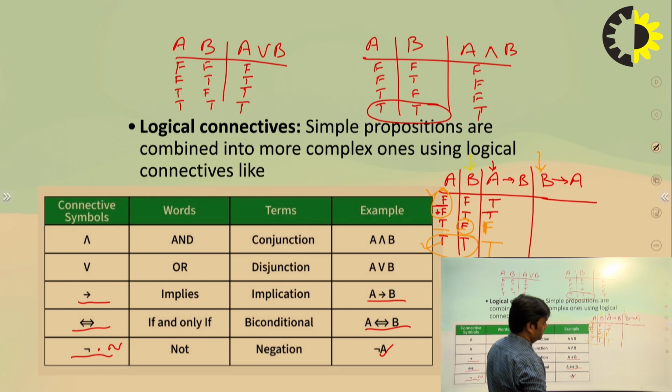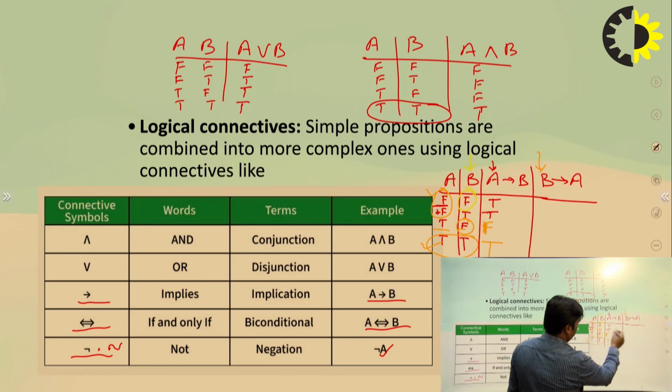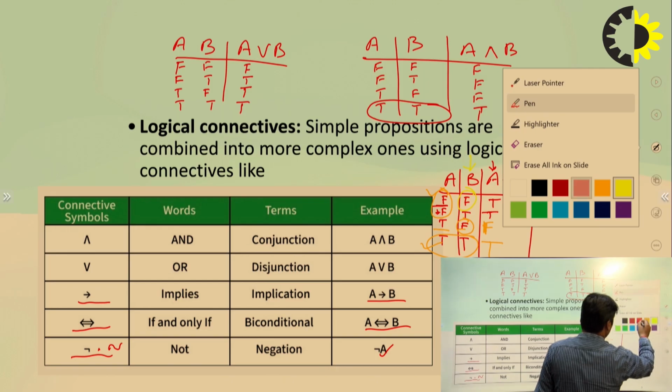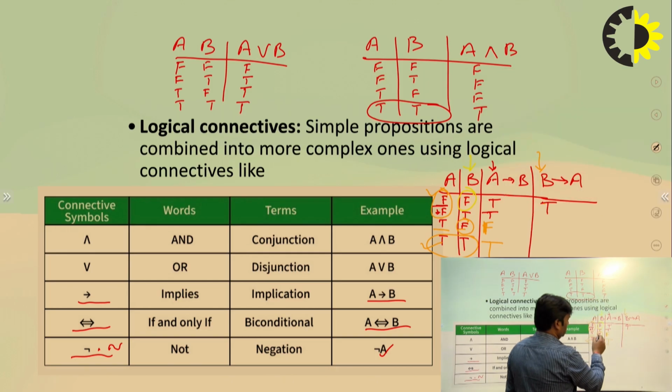The first element of B is false, then the output will be true. In the second row, the value of B is true, then we check the other value.